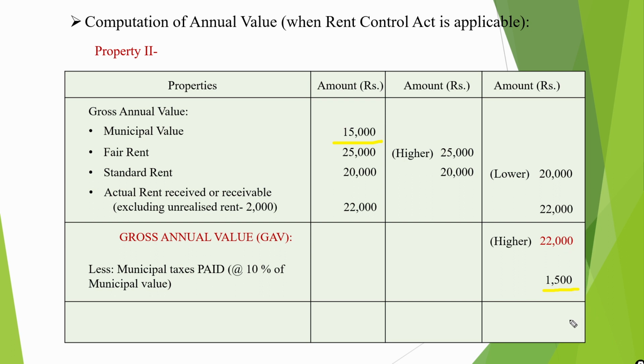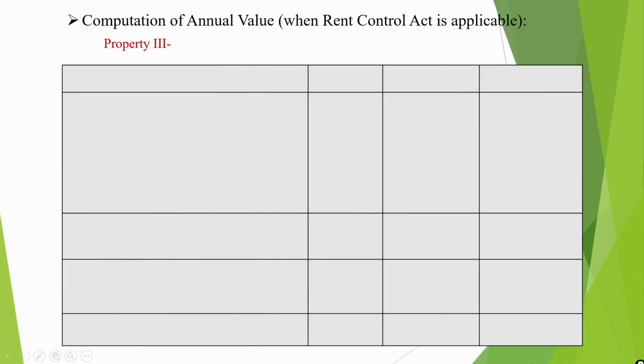Then you will get the net annual value, and that is rupees 20,500. That's why net annual value for house property 2 is rupees 20,500. Okay. Now see the computation of annual value of house property 3.